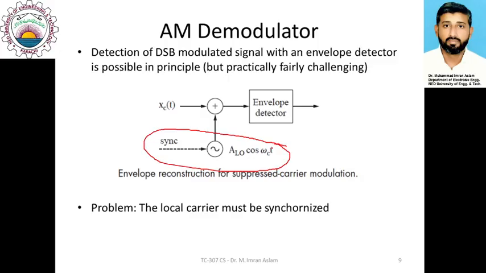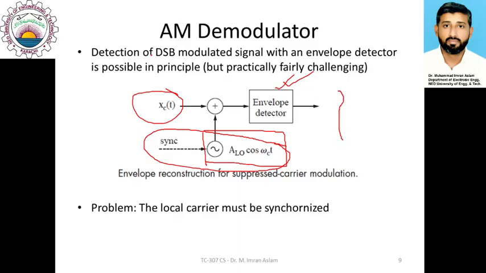So we use a local oscillator. This is not the oscillator which is used at the transmission side. This is the local oscillator which is implemented in the receiver, but you need to synchronize, meaning match the phase of the local oscillator with the transmitter, so that you can compare the phase variations from the message signal, and then you can use the envelope detector to detect the DSB signals.